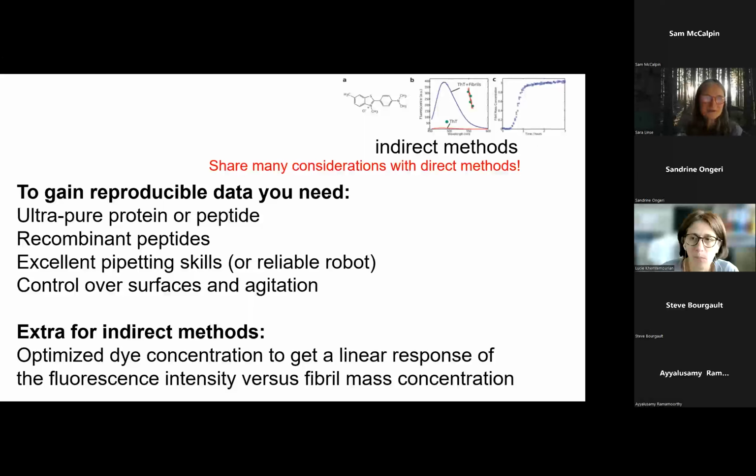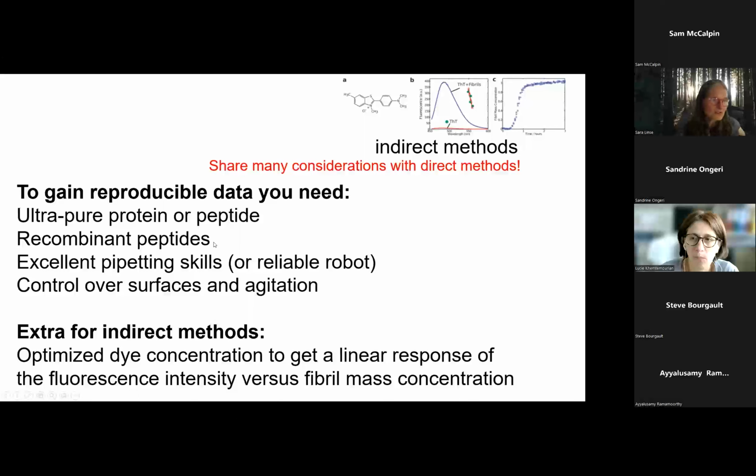So that tells you that if the sample is pure, you will get the same kinetics each time you set up the experiment under otherwise identical conditions in terms of pH, salt, agitation, sample container, reading speed, as we will hear later about. So that is a fact that we cannot jump around. So I mean, this is really the key to get reproducible data.